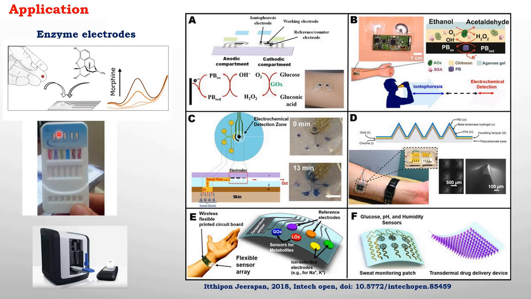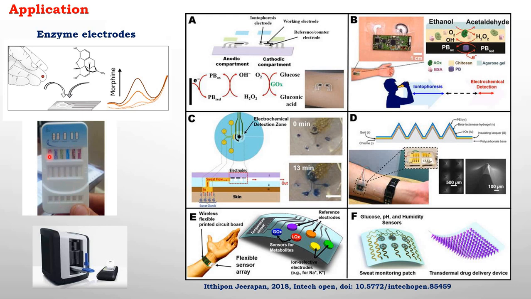So simply, if we drop a single drop of blood on this detection system, it will diffuse inside the substratum, and in each block separate enzymes are immobilized. If the particular target molecule or target substrate is present within the blood sample, it will react with the enzyme immobilized within the block and give the result.